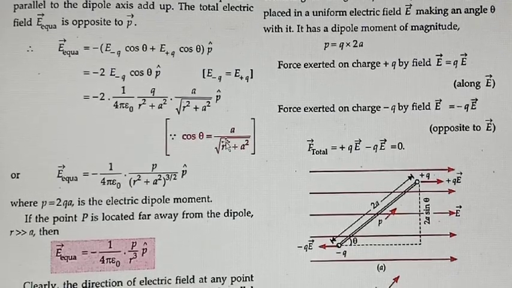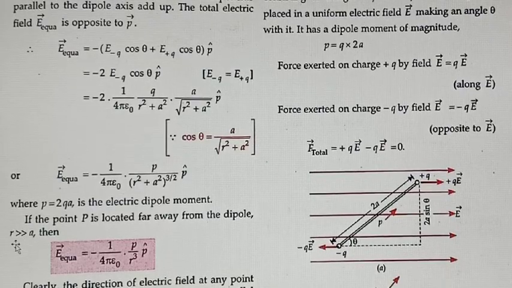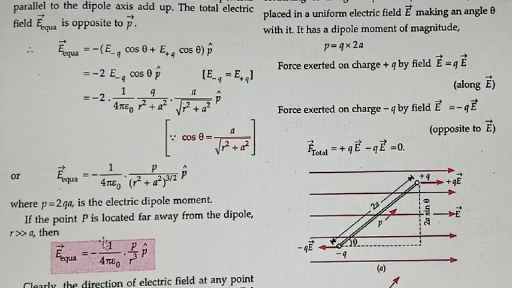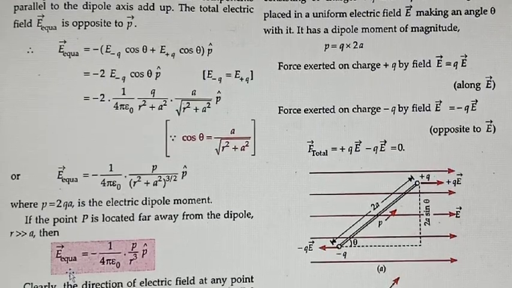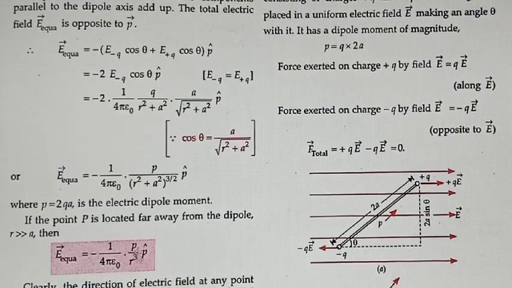Again introduce P is equal to twice QA, dipole moment, and also if R is very greater than A, already we discussed, you can neglect the higher power of A. So finally you can get this expression, E equatorial is equal to minus 1 by 4 pi epsilon naught P by R cube P cap.